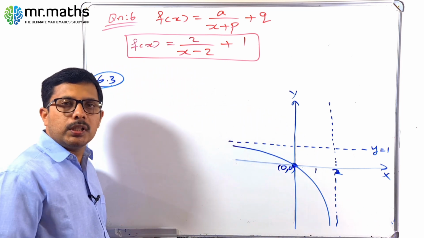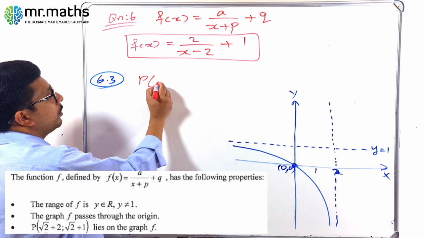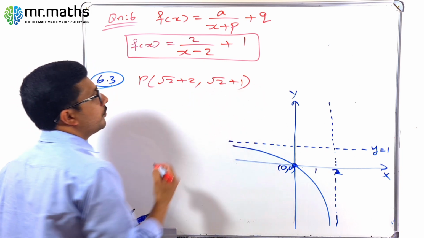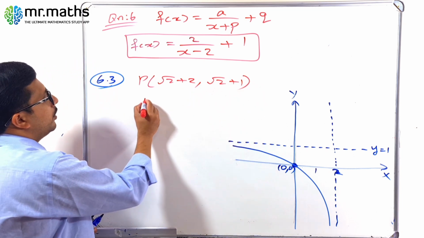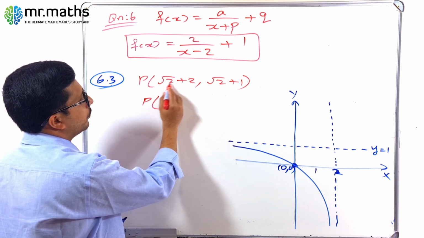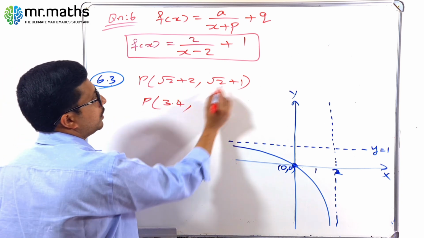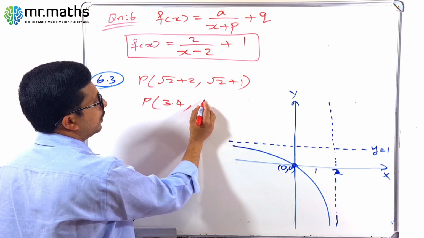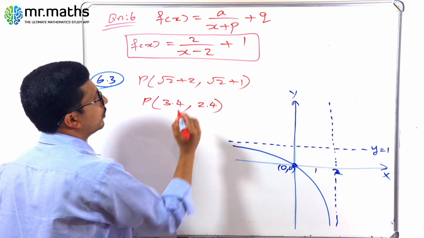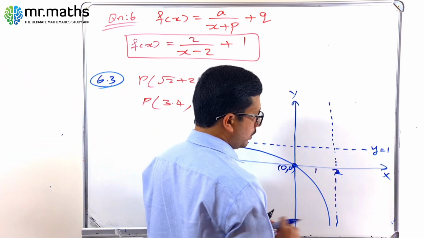Also it is given that it passes through the point, do you remember that one, p, root 2 plus 2, root 2 plus 1. If you check in your calculator, what is the answer of this in decimal form? This is 3.4, and this one is 2.4.